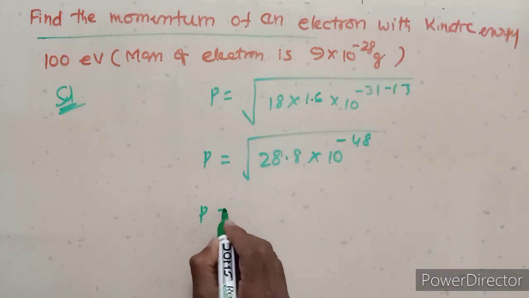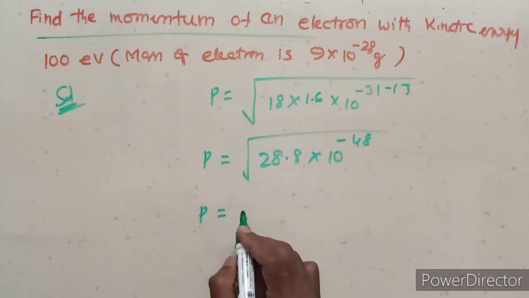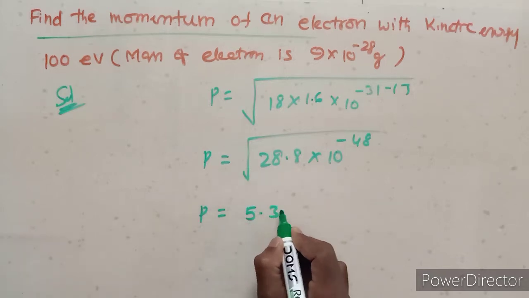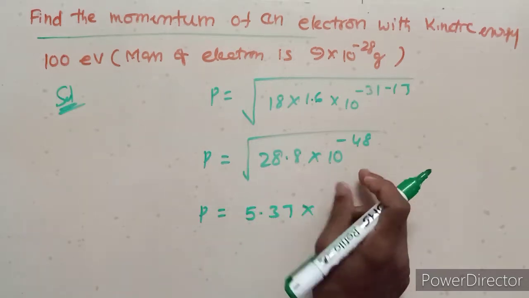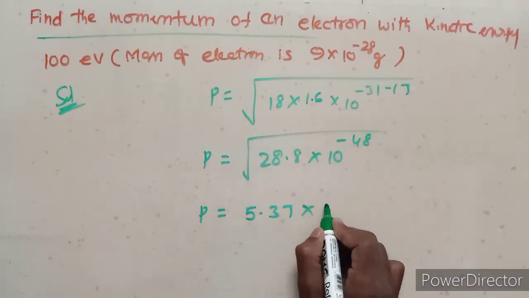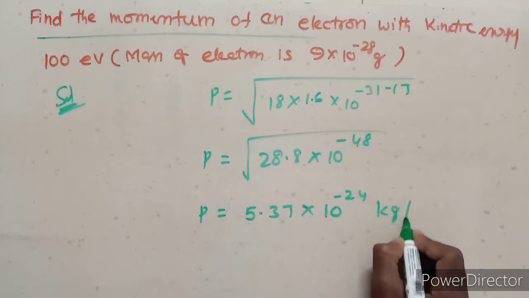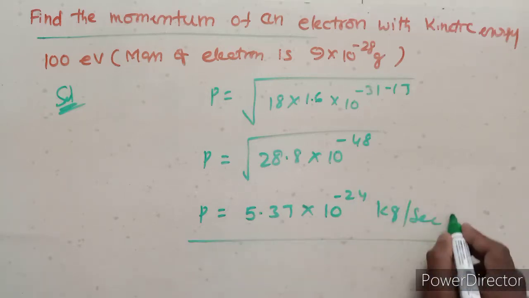The under root of 28.8 equals 5.37, and the root of 10 to the power of minus 48 is 10 to the power of minus 24. So P equals 5.37 into 10 to the power of minus 24 kg meter per second. This is the momentum.